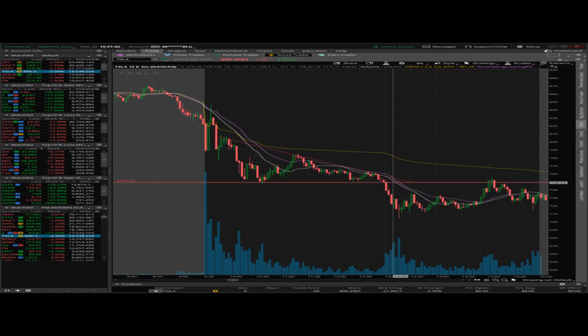Well, if I want a 2-to-1 trade, that means I can risk $5 in order to make $10. So if it goes against me, I'll lose $5, and if I profit, I make $10 on each share. So identify that spot, put your stop over here, and take your profits down here.